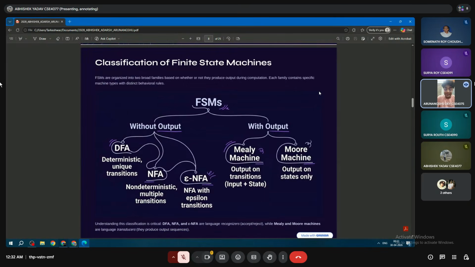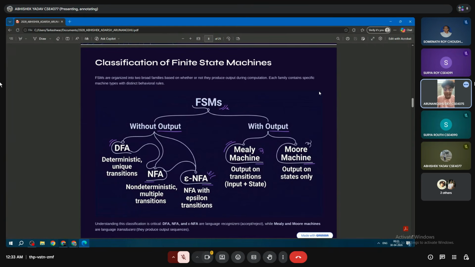Okay, so here is the basic classification of finite state machines. As we can see, FSMs are organized into two families based on whether or not they produce output during computation. Each family contains specific machine types with distinct behavioral rules.